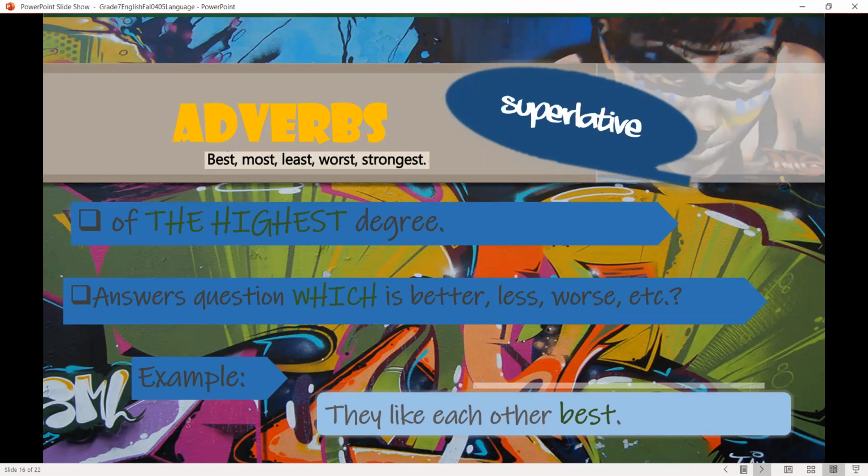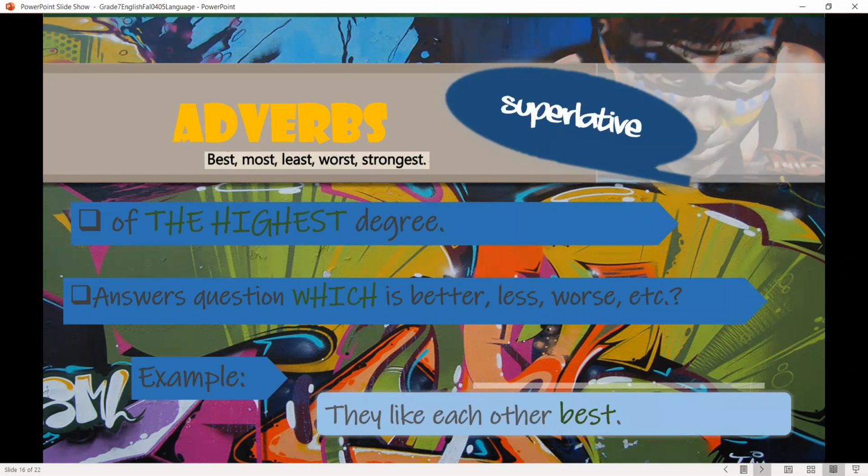Best, most, least, worst, like your degrees of comparison. The superlative falls in what I would call the last column, so to speak: good, better, best. It's the highest degree, and it doesn't compare more than one thing.